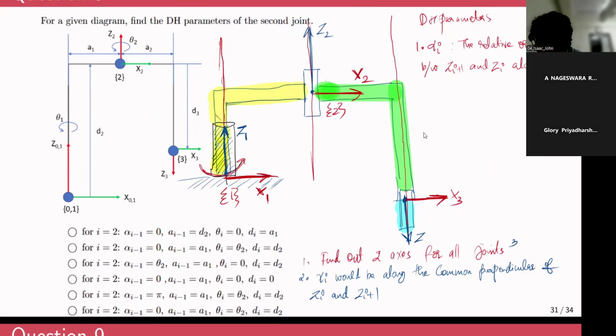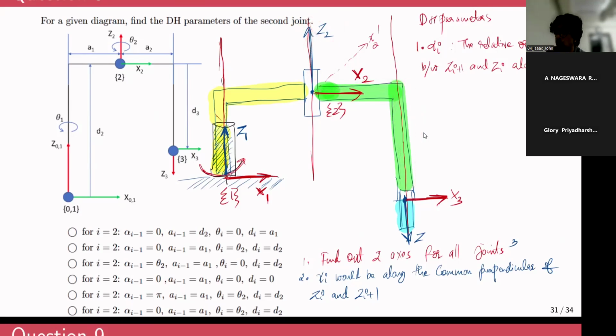Maybe at a different configuration, x2 would go out of plane, x2 dash, but z2 would still remain the same, right? At any configuration, z2 is always going to be vertically up, because this link will only rotate about z2.